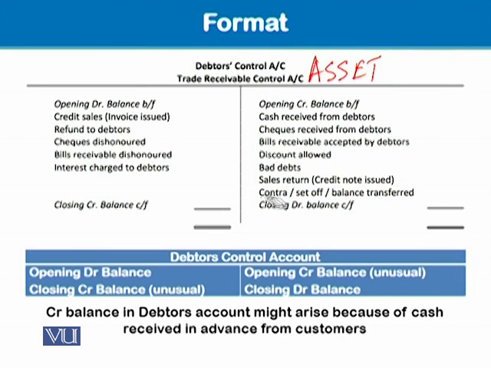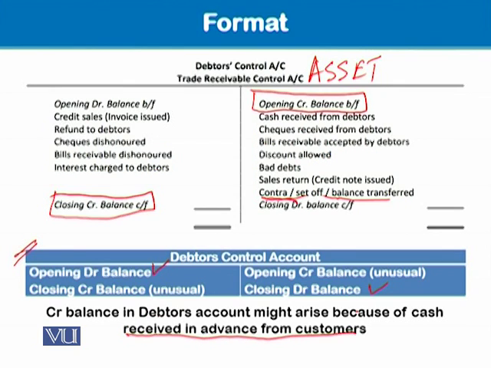And now, something unusual. Yes, this opening credit balance and closing credit balance. The thing is that this is something unusual. I have discussed this issue over here as well, that normally debtors have debit balances, opening debit balance and closing debit balance. But the thing is, sometimes there could be some debtors from whom we have received in advance. Okay?